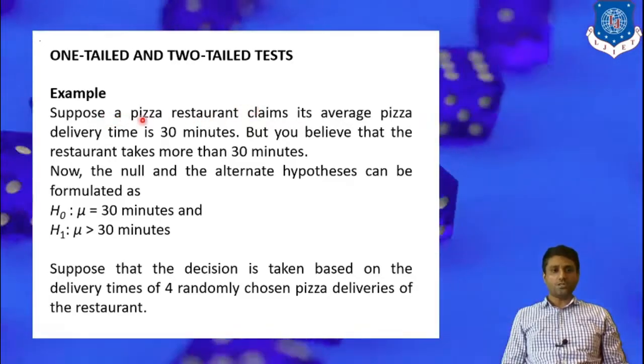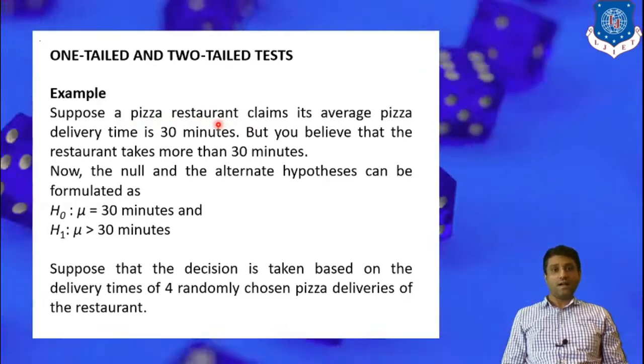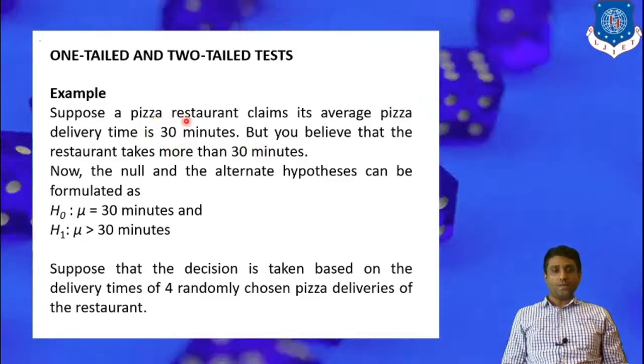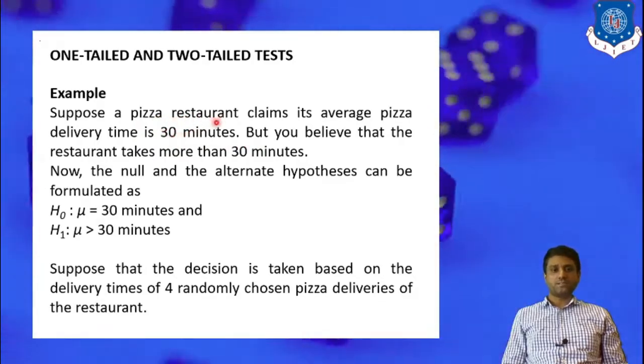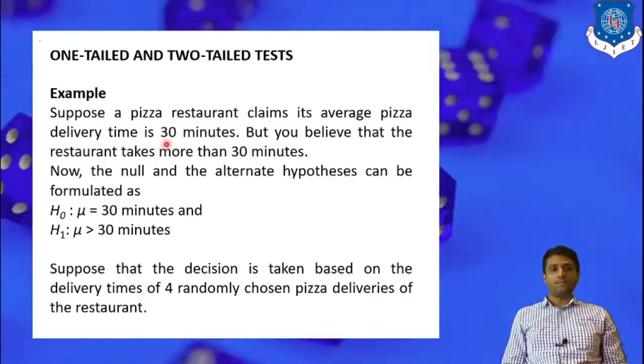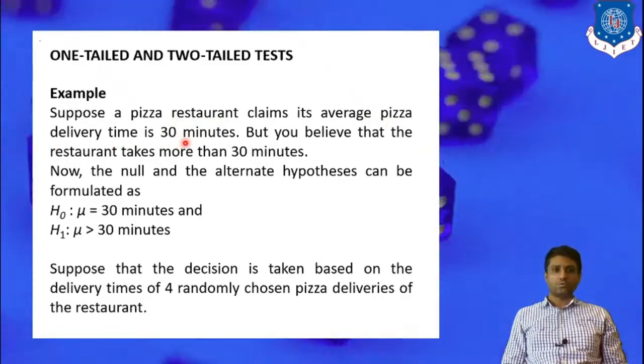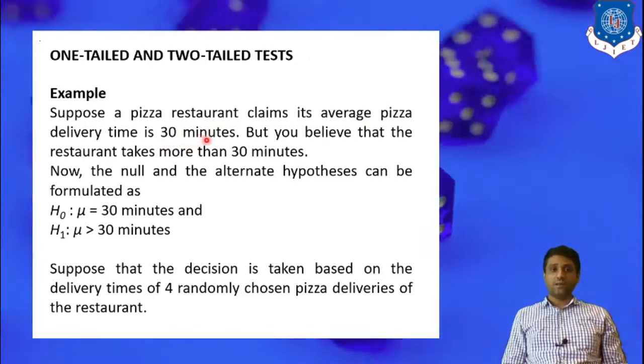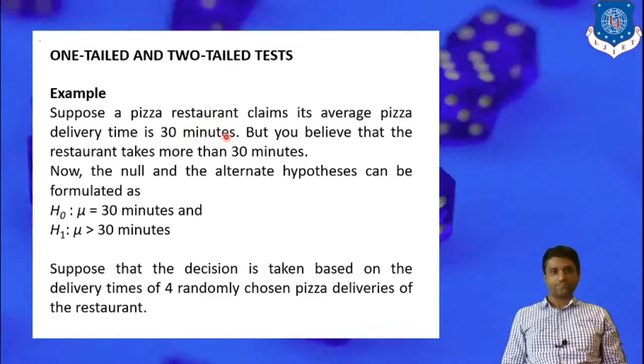So here, in the first statement, a pizza restaurant tells us that their average pizza delivery time is 30 minutes. We have to check whether this statement, that the average delivery time of the pizza is 30 minutes, is right or wrong.